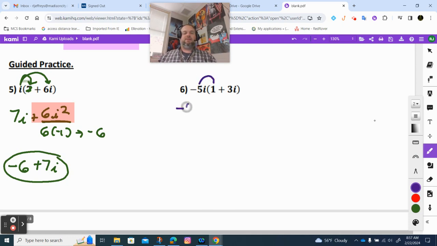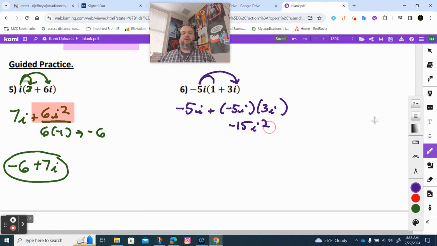So this gives me negative 5i. And then plus, we've got negative 5i times 3i. All right. Well, this right here gives us negative 15i squared. It's going to change the sign. So we keep the 15. It was a negative. Now it's a positive.